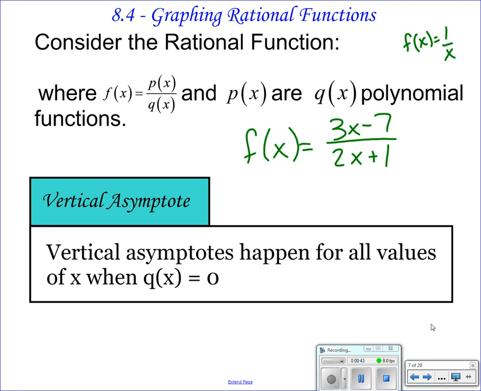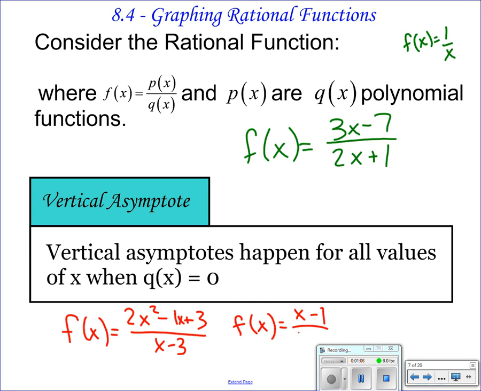We're also going to be graphing something like this, where your exponents are the same on the top and bottom, where your exponent on the bottom is less than the top, and where your exponent on the top is less than the bottom.